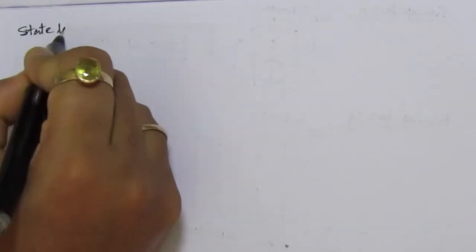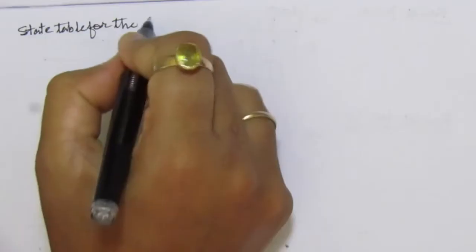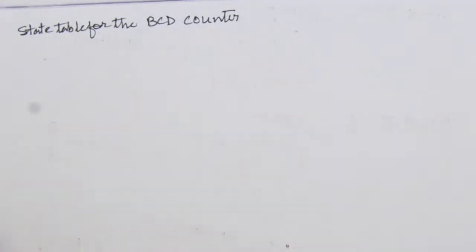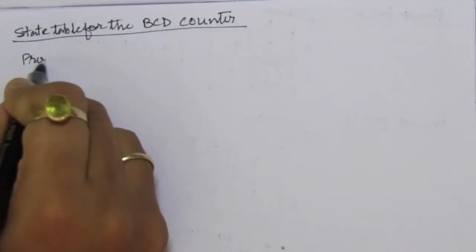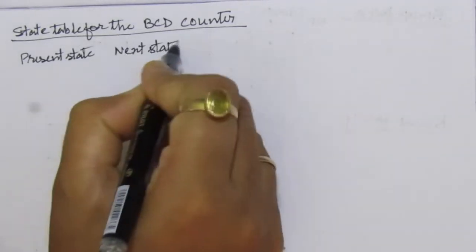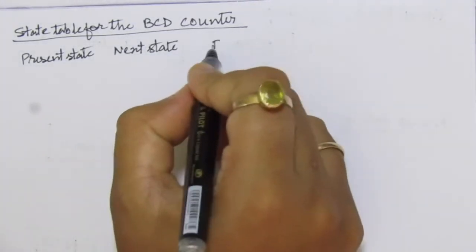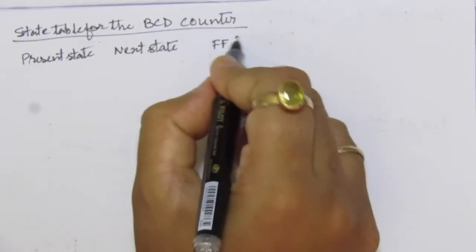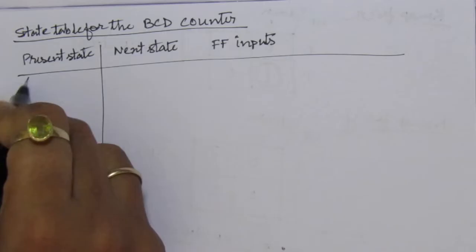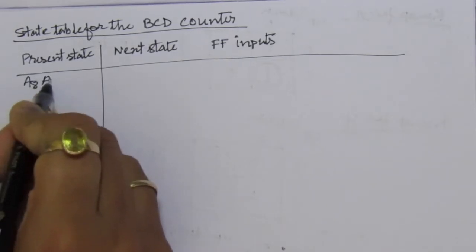So the state table for the BCD counter, which is nothing but a synchronous counter. Here we'll have the present state, then the next state, and then we have to find out the flip-flop inputs. Suppose the present state outputs are A8, A4, A2, A1.